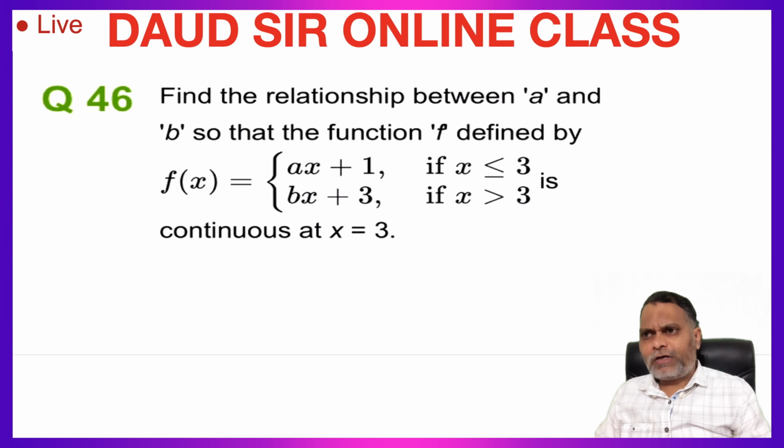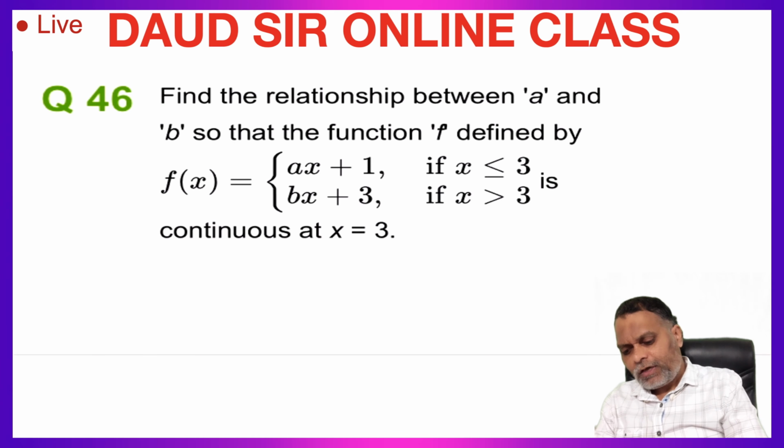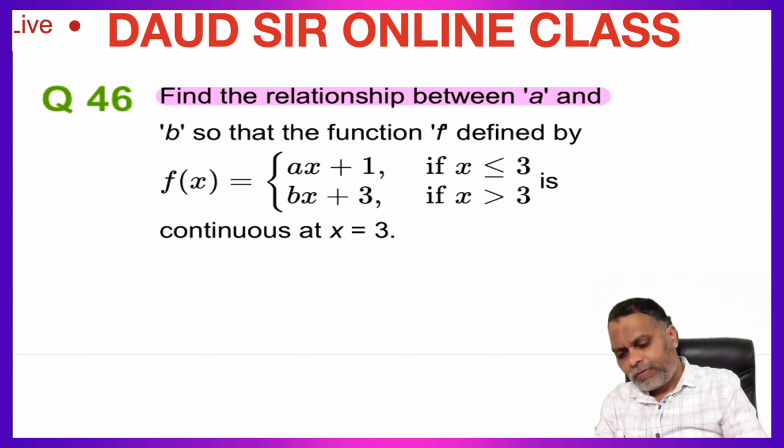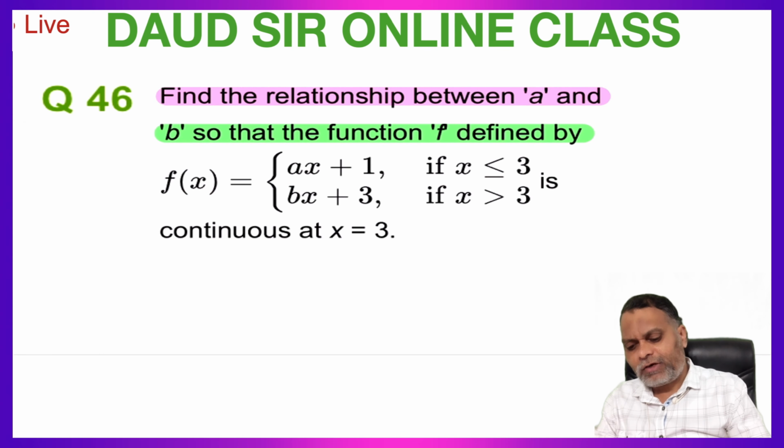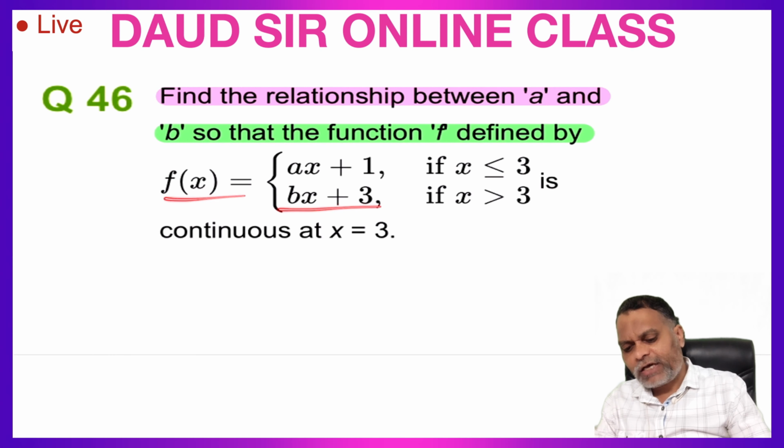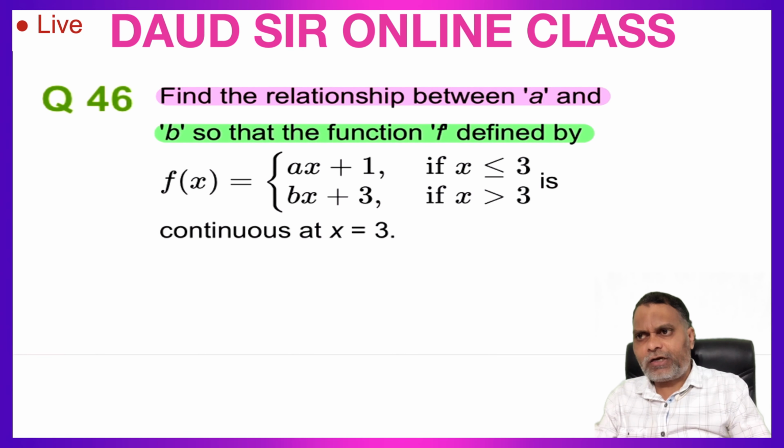Question number 46. This is the last question of this exercise. Find the relationship between a and b so that the function f defined by f of x is equal to ax plus 1 if x is less than or equal to 3, f of x is equal to bx plus 3 if x is greater than 3, is continuous at x is equal to 3.